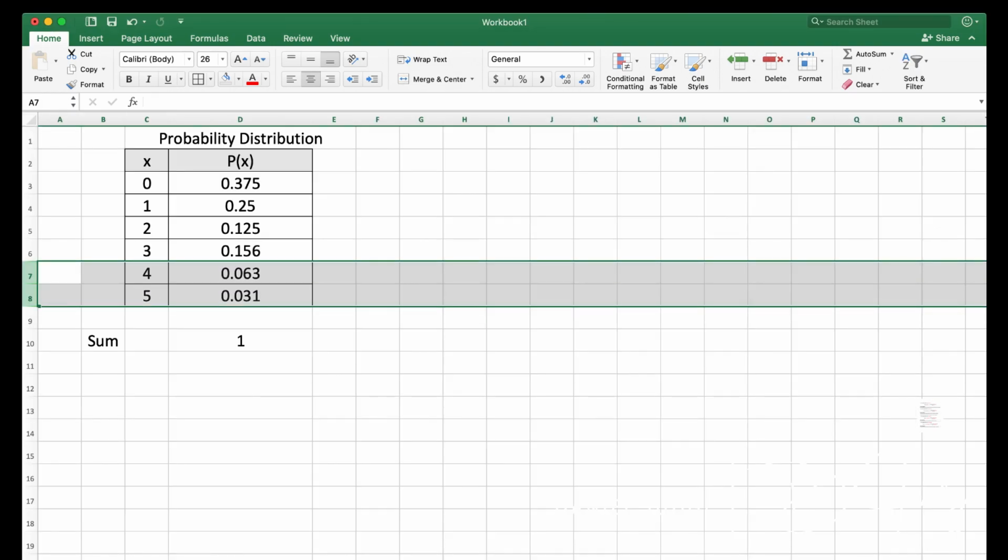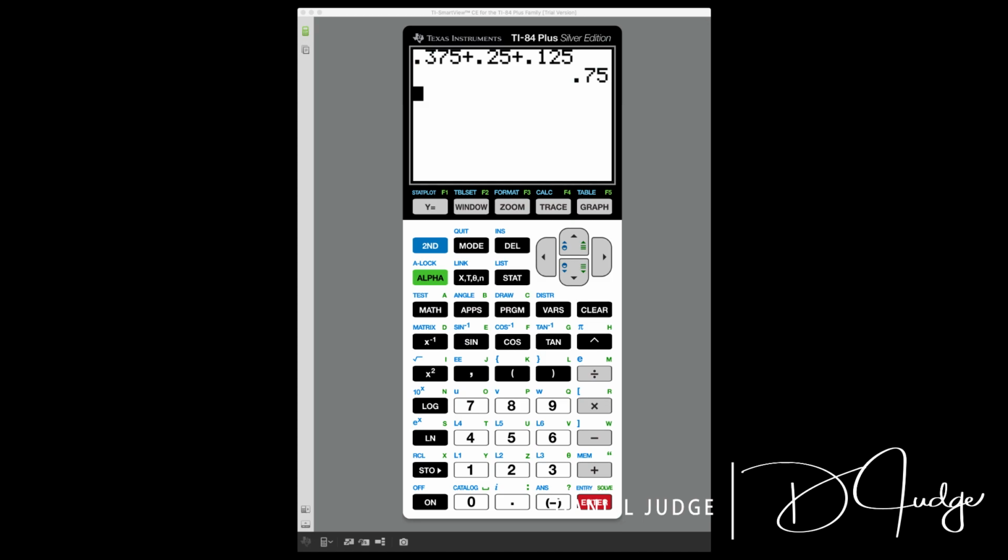We're going to add these two values here. 0.063, 0.031. Because these outcomes are more than 3. Do not include 3. Okay? Don't include the 3. So let's see what we get, right?